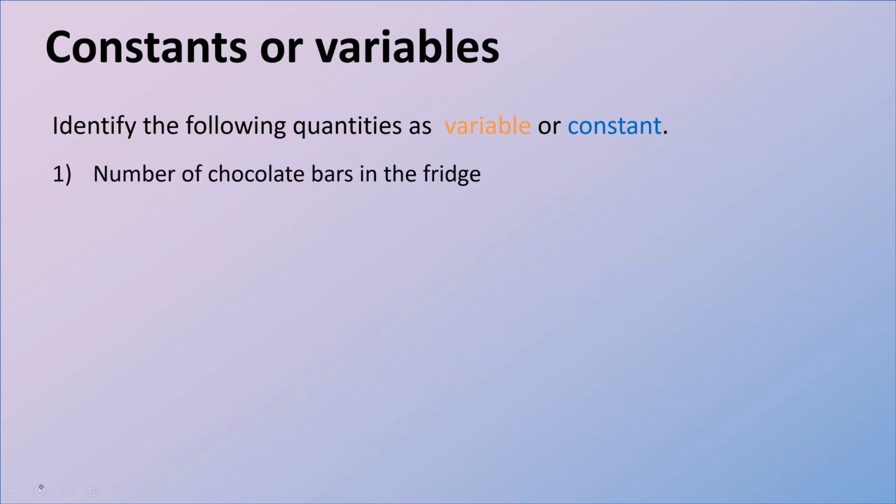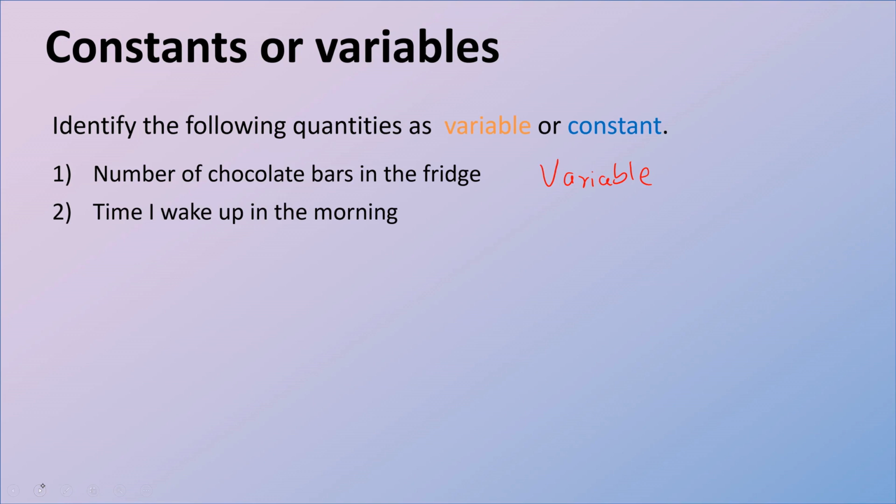First, the number of chocolate bars in the fridge. It varies over time. Sometimes I go and eat one, sometimes my sister does. My mother goes shopping and fills the fridge with chocolate bars. It does vary, so we can identify it as a variable.